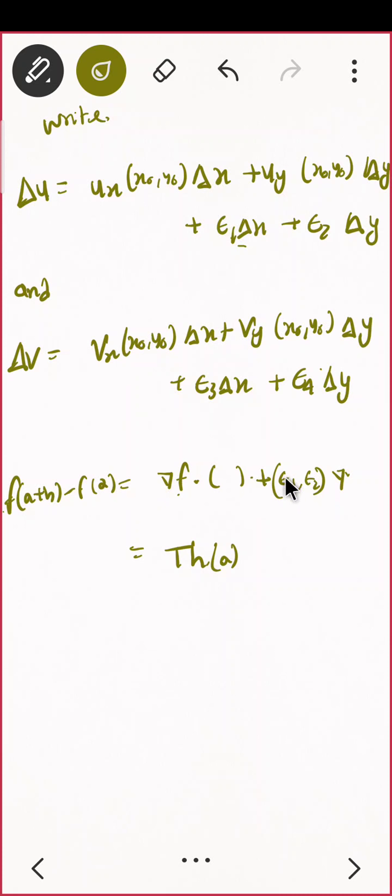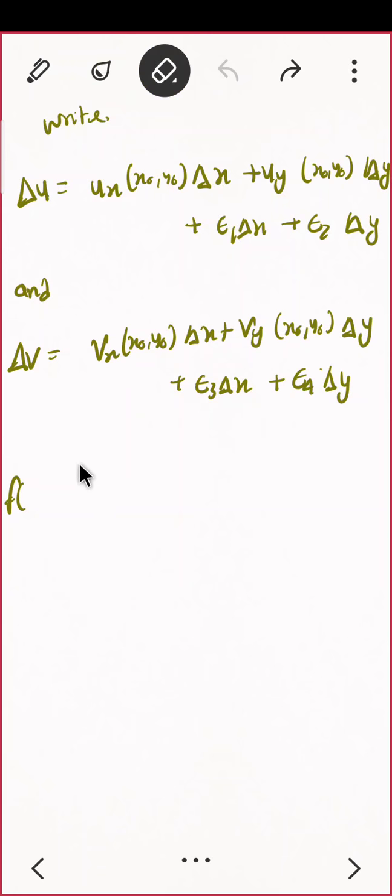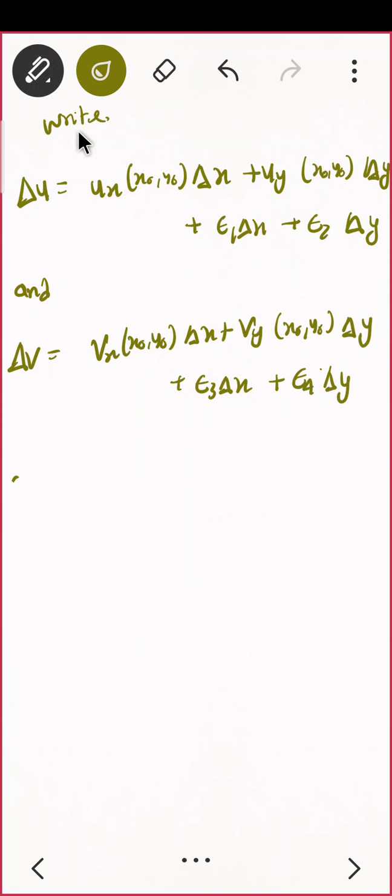That means I can find my total derivative by using the gradient. Now you can go back and check the notes. You'll find that they must have written it in dot product form, and here we are just multiplying and writing.